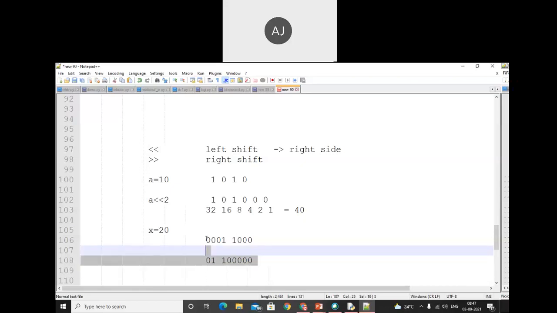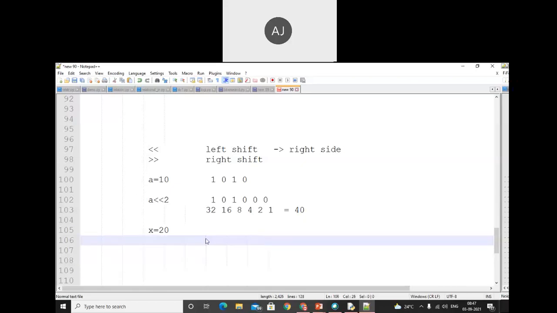Why remove them? Let's do one thing: find the appropriate binary of 20. This is the appropriate binary. This one is 16 bit, so the first one is 1, 2, after that 4, after that 8, after that 16.